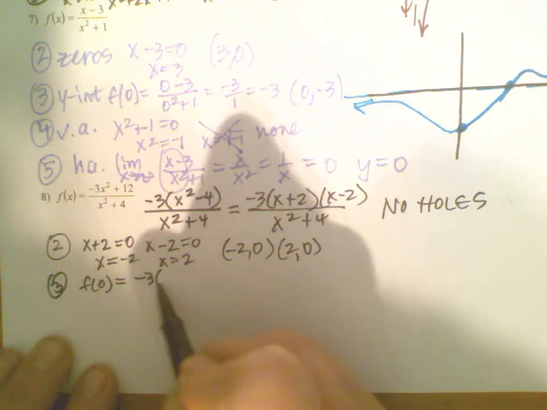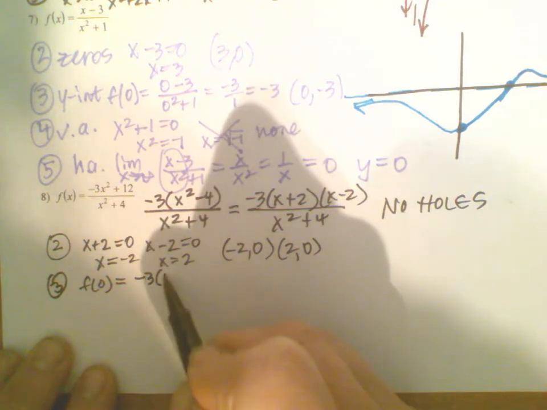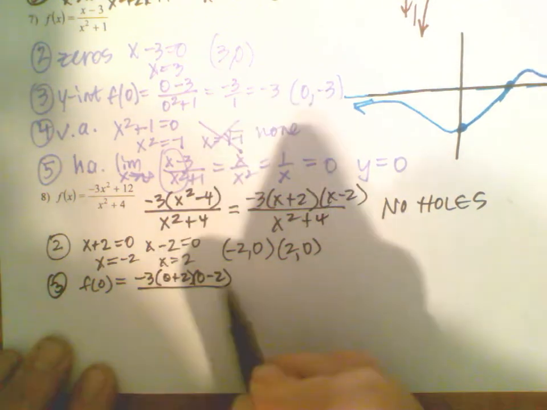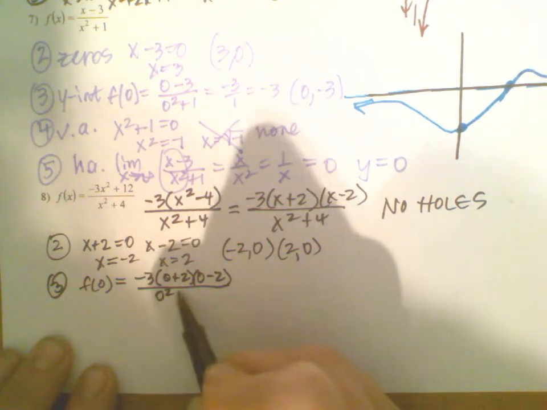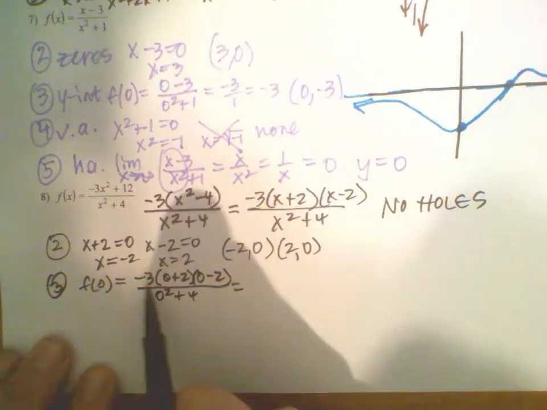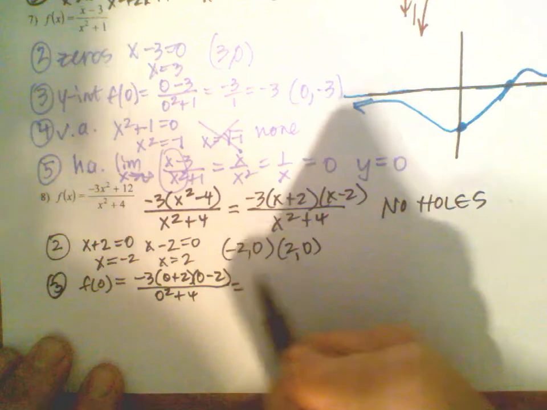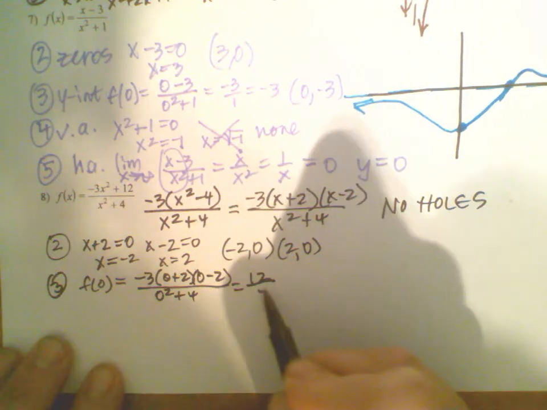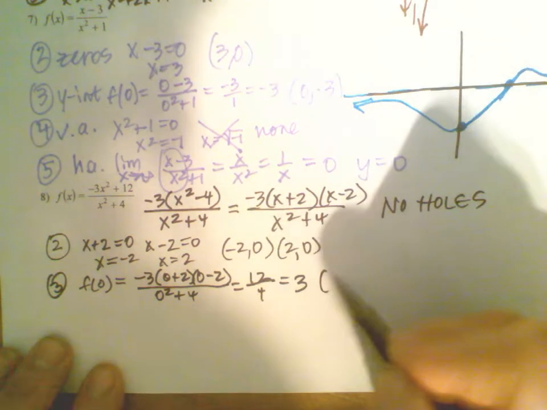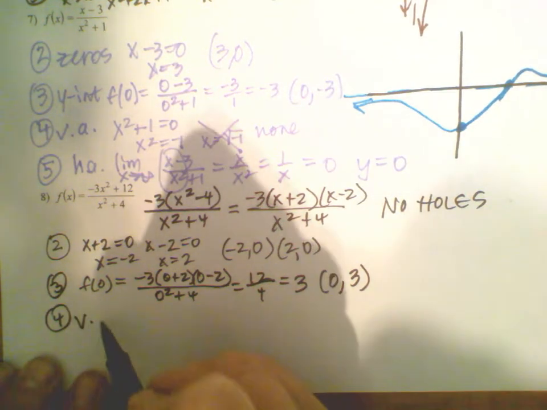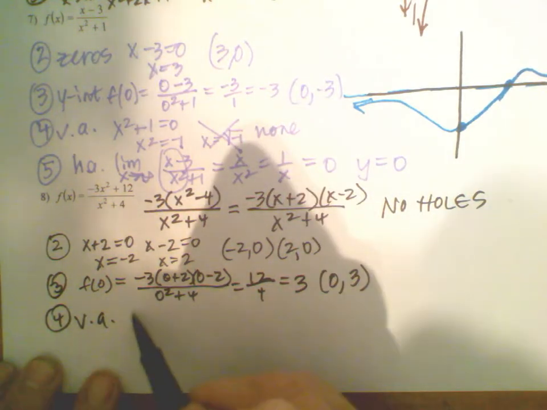So I have -3 times 0 plus 2 times 0 minus 2 over 0 squared plus 4. That leaves me with -3 times 2 is -6 times -2 is 12 over 4 or 3. So that's the point 0, 3.